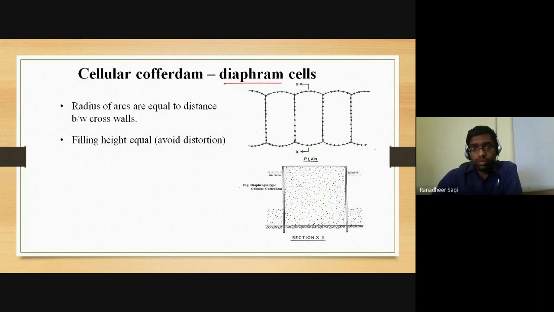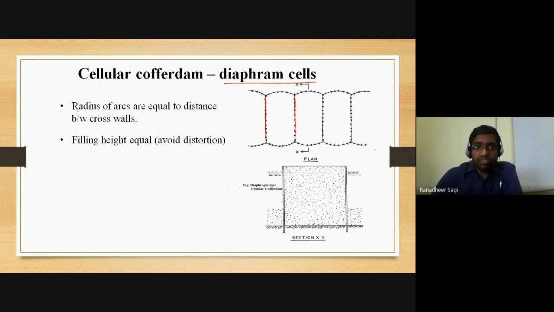So when do I say that the cellular cofferdam is constructed by means of diaphragm cells? Diaphragm cells are nothing but the cross section. If you are looking at the walls, what you typically see are not curved in shape, rather they are relatively horizontal in shape. Such cells we call diaphragm cells, and based on the usage of those diaphragm cells, we construct a cellular cofferdam.